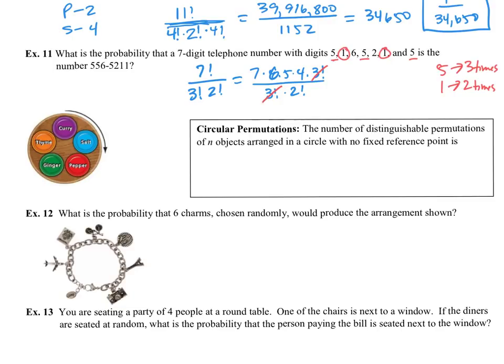The numerator, 7 times 6 times 5 times 4, is 840, and the denominator, 2 times 1, is just 2. So 840 divided by 2 turns out to be 420 ways that can happen. There's only one way we can get this number, so the probability is 1 over 420.